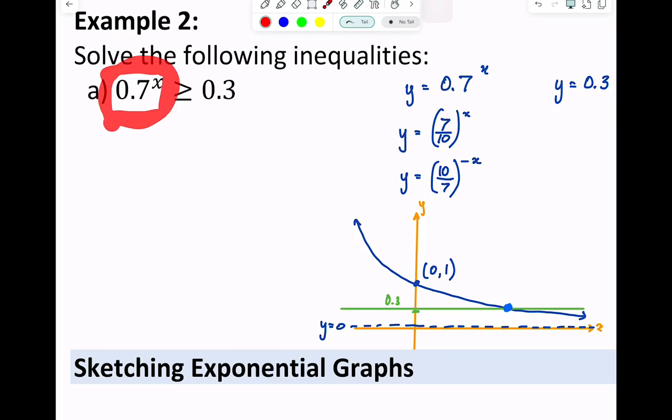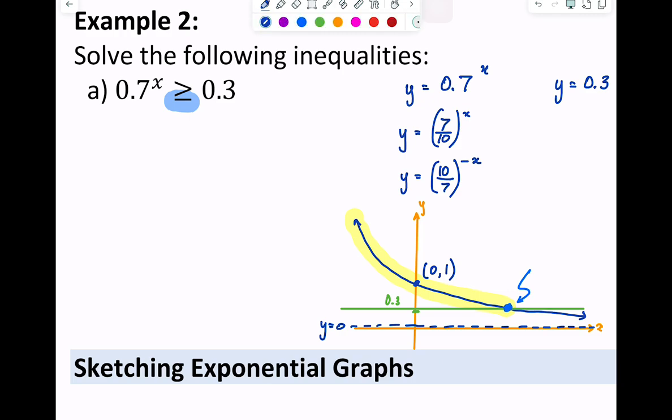When is this part of the graph greater than or equal to 0.3? So, in other words, when is this part of the graph above 0.3? And we can see it's this whole segment here. I'm going to highlight that segment up until that blue point, and because it's equal to as well, we want to include that point. Now, the idea is that we find that point there.